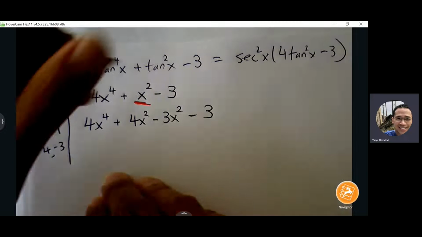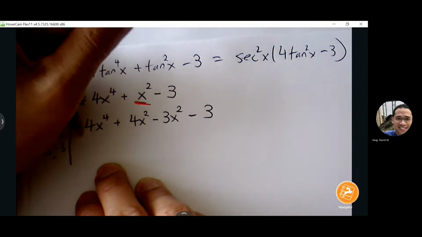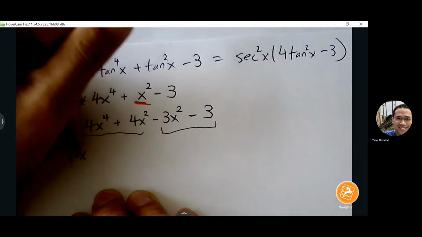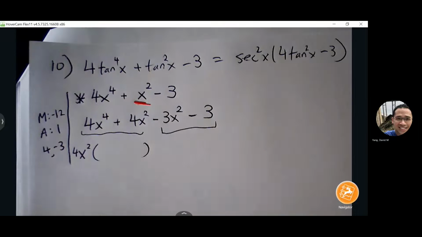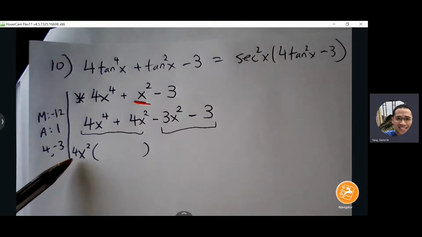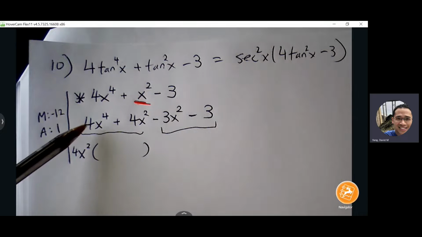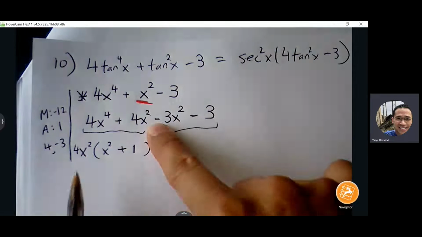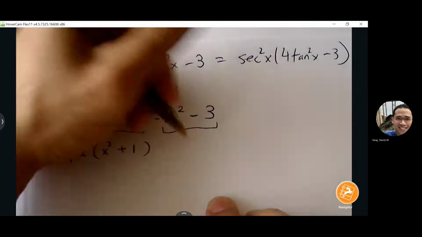Okay, so now grouping methods, go through factoring here. Look for a GCF. Factor the GCF out. I'm really dividing by that GCF. So 4x to the 4th divided by 4 is x to the 4th, divided by x squared, I'm left with x squared plus 1. 4x squared divided by 4x squared is 1.